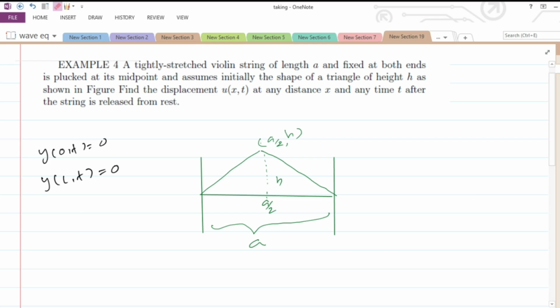Okay, these conditions are the same as the previous ones. These are the boundary conditions, but for the initial conditions we have to seek the initial displacement y of (x, 0) and dou by dou t of y of (x, 0), the initial velocity. So we have to seek these two.